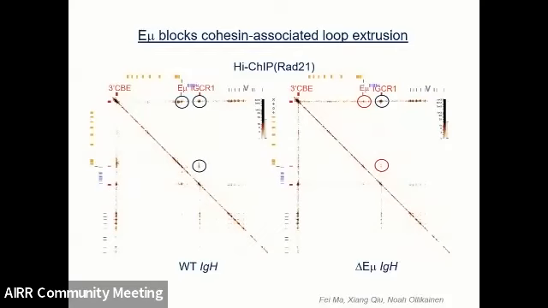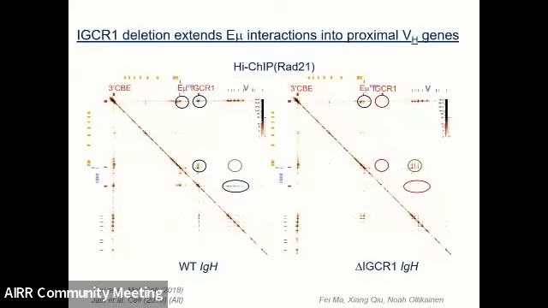So conversely to what happens when you remove the enhancer, where nothing else changes other than the enhancer-dependent interactions going away, we think one interpretation of this is that the enhancer blocks cohesin-associated generation of these loops. But if you do the other experiment where you delete the intergenic control region, now you see other new things going on. In particular, the ones that I've marked in red, these are loops between the enhancer and IGCR1.